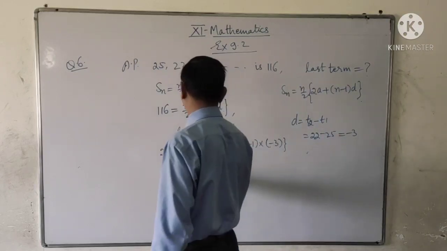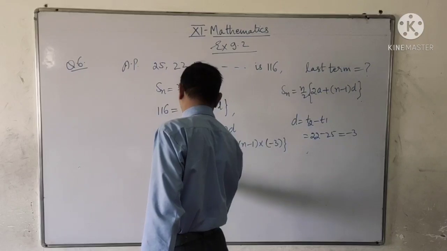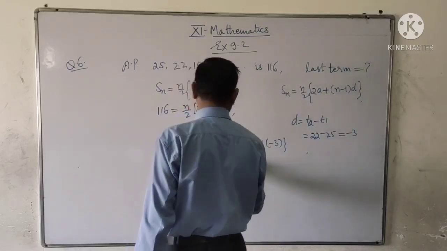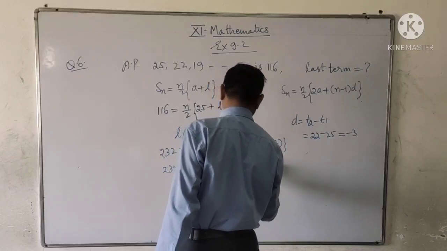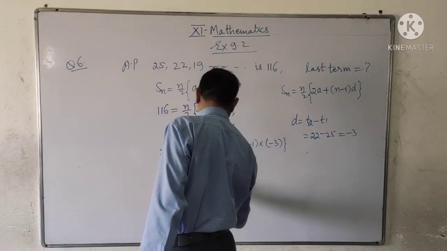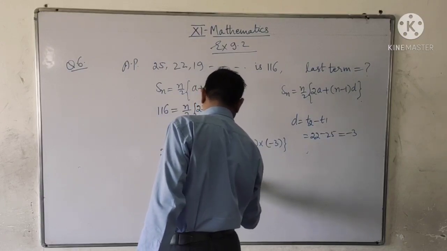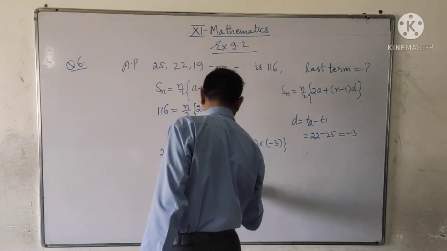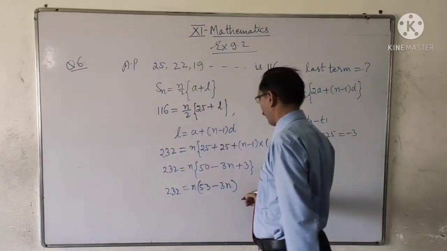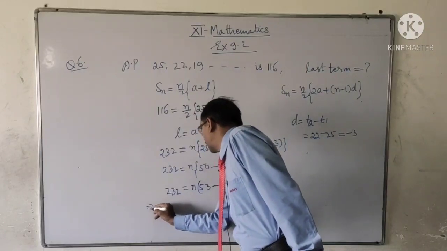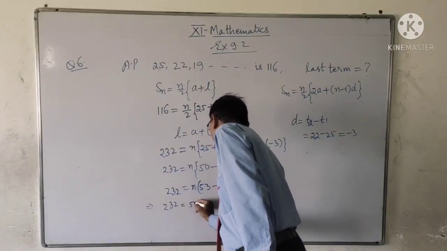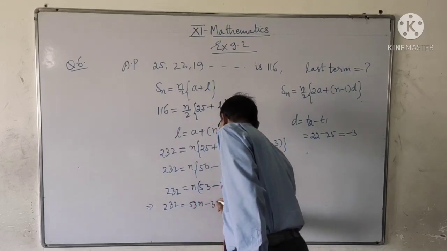Then 232 equal to n into (50 minus 3n plus 3), or n into (53 minus 3n). Now it becomes 232 equal to 53n minus 3n square.